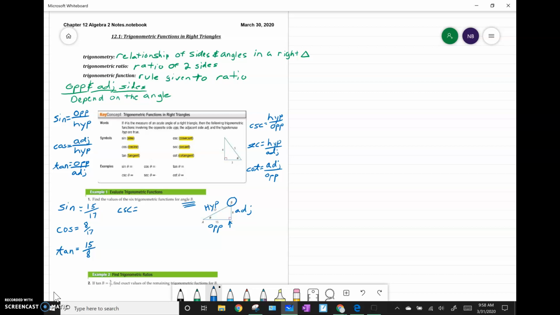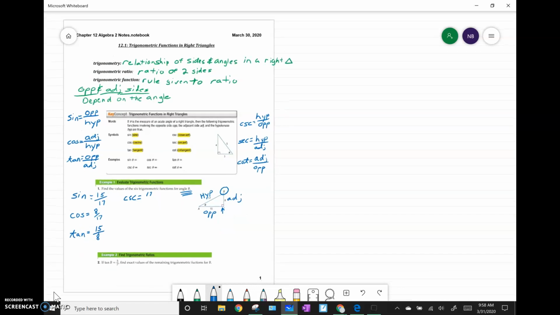Cosecant is hypotenuse over opposite, so I've got 17 over 15. I've got my secant, which is hypotenuse over adjacent, 17 over 8. Last but not least, we have cotangent, and that's adjacent over opposite, so I've got 8 over 15. And that is how we find our 6 functions.